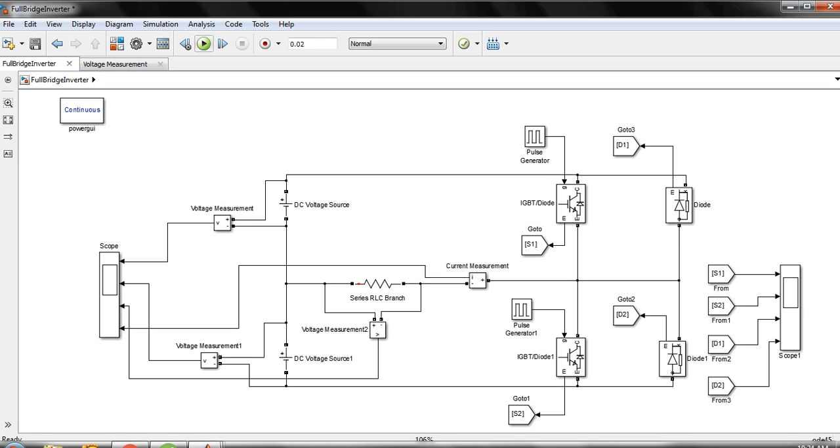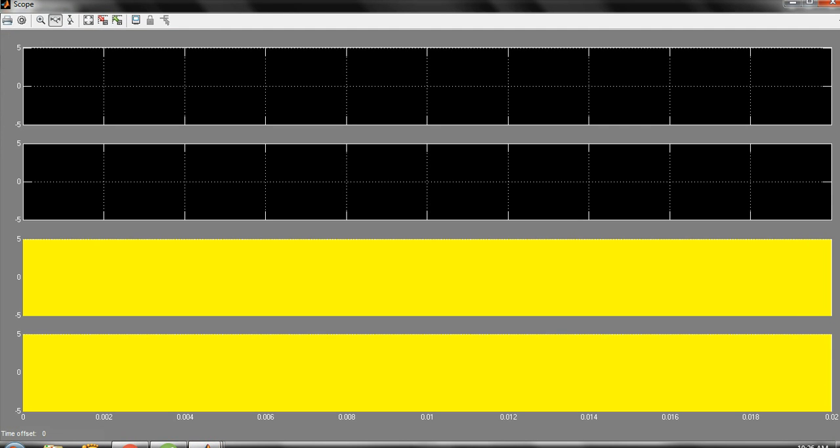Now if you simulate it, here is the output scope which we have obtained on completion.